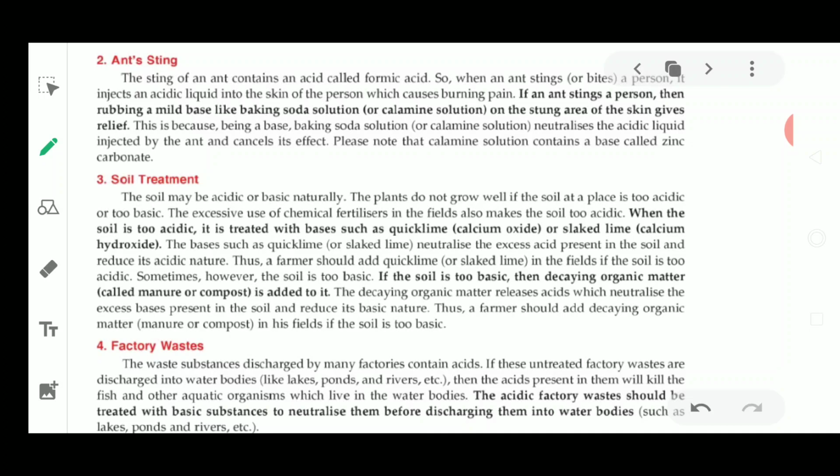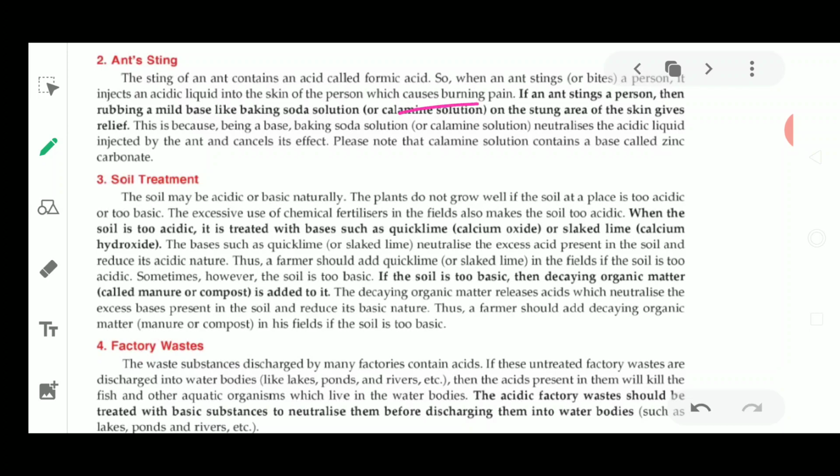If many ants sting your hand or somewhere on your body, then it is going to give you irritation, swelling, and redness in that area where the ant sting is. Ants inject this chemical, the formic acid, which is present in the sting. Now this formic acid is going to cause a burning sensation in your skin.